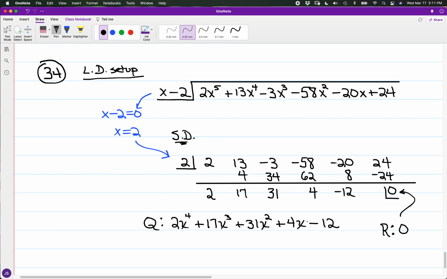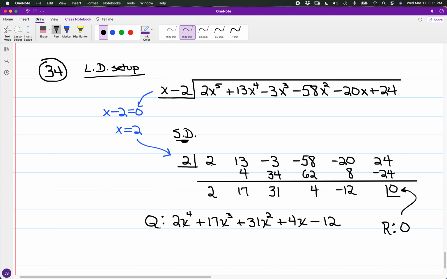So we have this quotient, and again we have complete divisibility since the remainder is 0. So x minus 2 times the quotient would come out exactly to this fifth order polynomial.